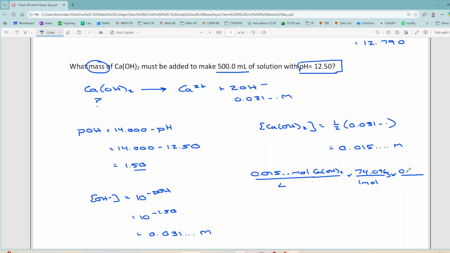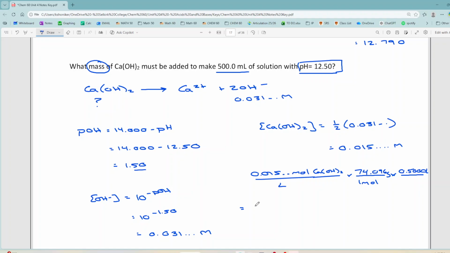So the 500 milliliters in liters would be 0.5000 liters. All right, so plugging this all into my calculator, I'm going to hit my recall A. I'm going to multiply that by 74.096, and then I'm going to multiply that by 0.5.